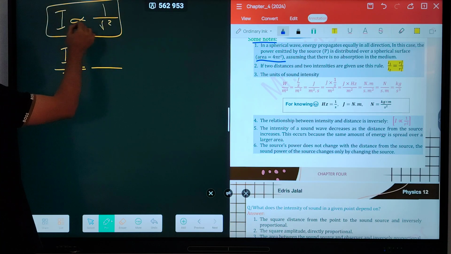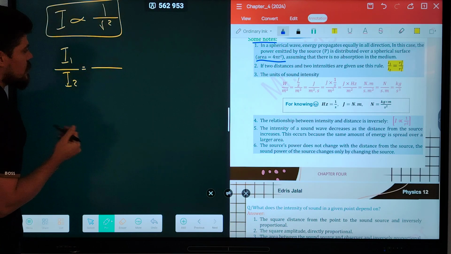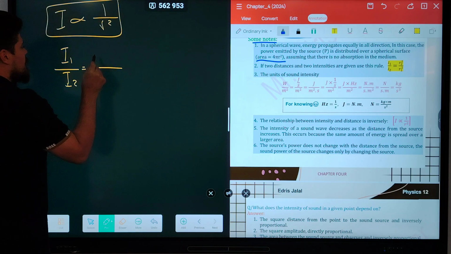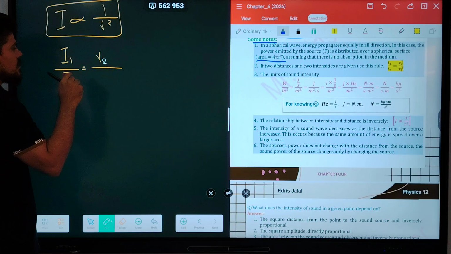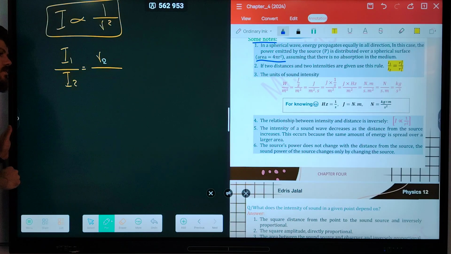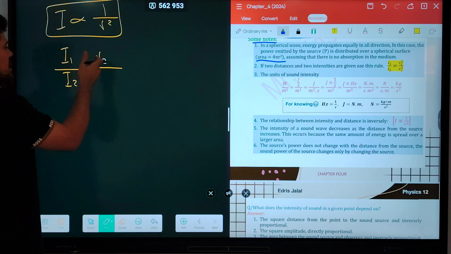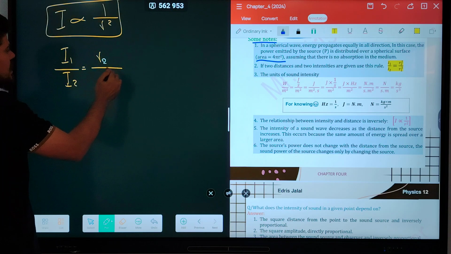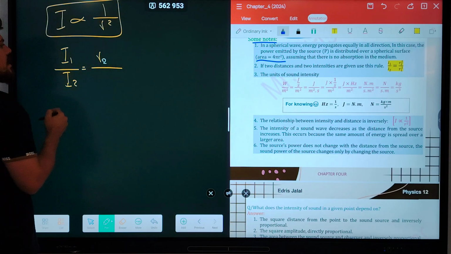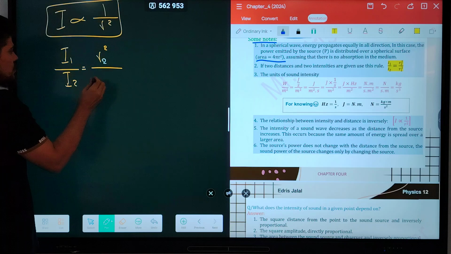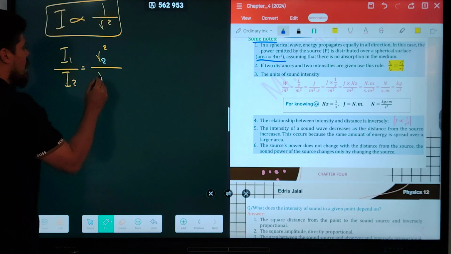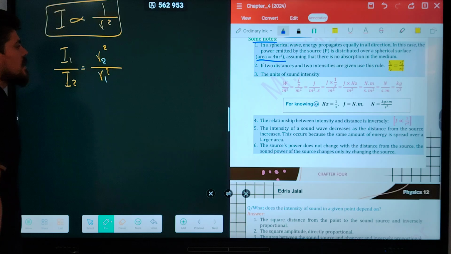Because the relation between intensity and distance is inversely related, we have to write R2, not R1, guys, be careful. For any inverse relation between two physical quantities, if you write 1 over 2 on this side, on the other side you have to write 2 over 1, because they are inversely related.